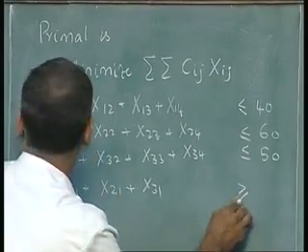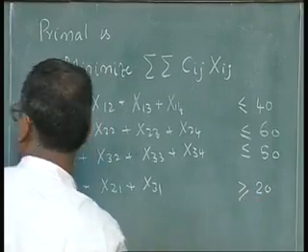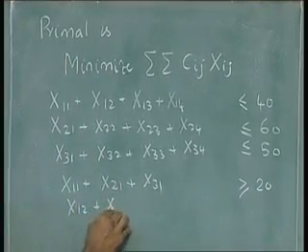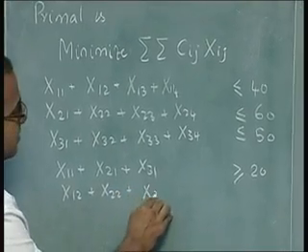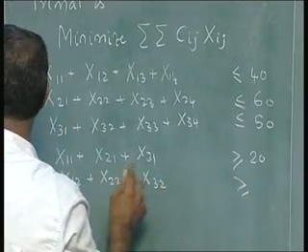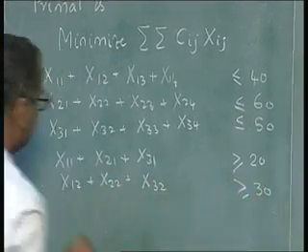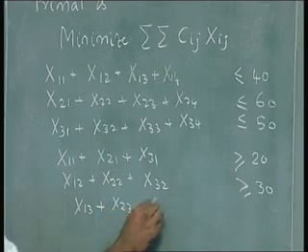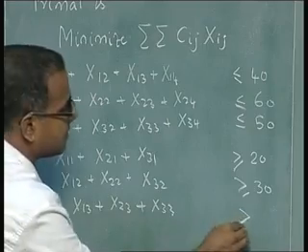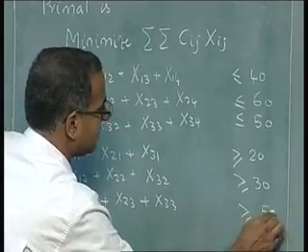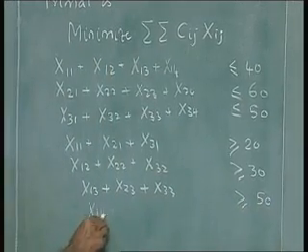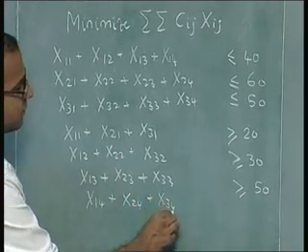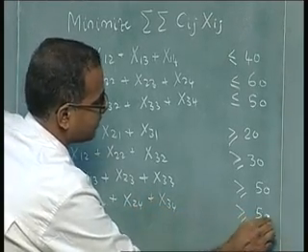This should be greater than or equal to 20. x12 plus x22 plus x32 greater than or equal to 30. x13 plus x23 plus x33 greater than or equal to 50, and x14 plus x24 plus x34 greater than or equal to 50.